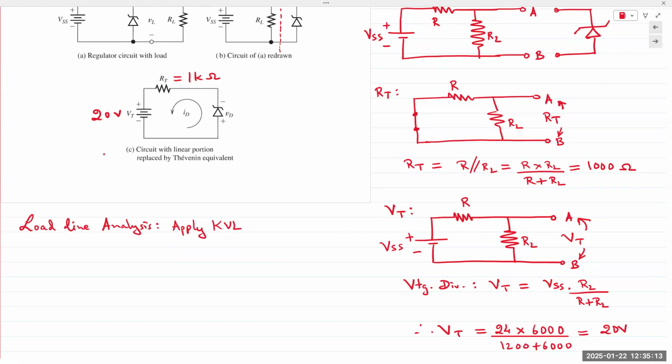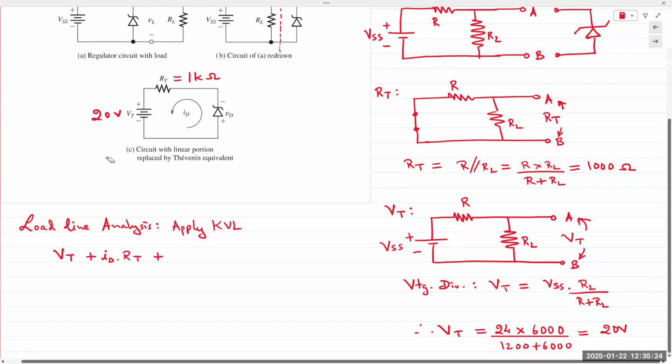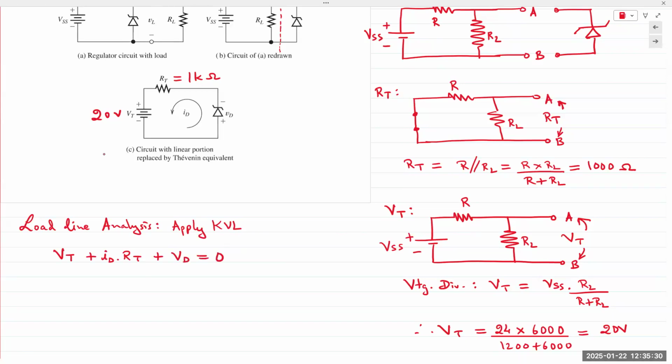I can write straight away, VT plus ID RT plus VD is equal to 0. This time I'm simply ignoring the polarity in the direction shown, just to keep things simple. But when we go to the graph, which is on the next slide, the graph is plotted in reverse bias, so I know the values are negative.